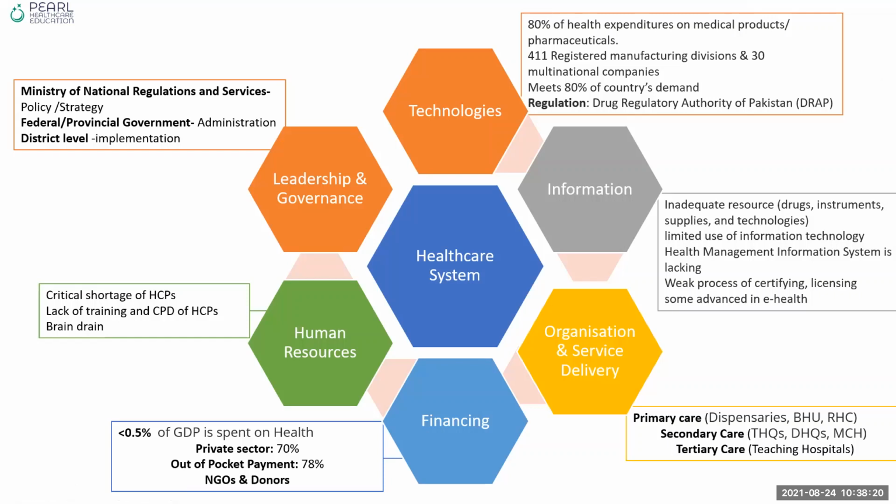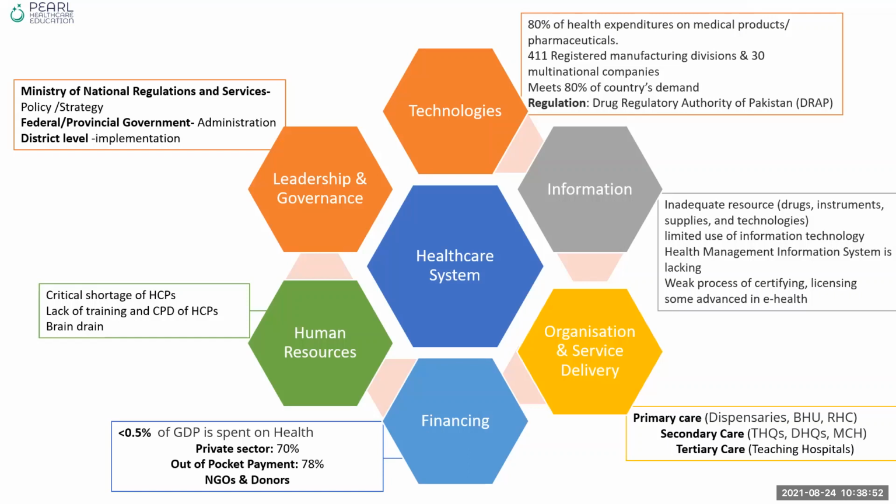80% of the health expenditure is spent on medical products and pharmaceuticals. So this is 80% of the healthcare budget, which was less than 5%, or 0.5% anyway. There are 411 registered manufacturing divisions and 30 multinational companies working on medicine and other technologies within the country, and they meet about 80% of the country's demand, whereas 20% is taken up from other countries.